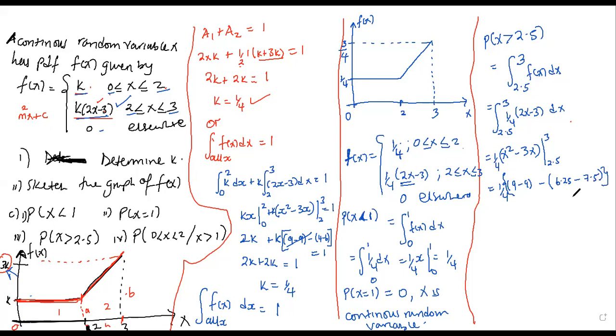When you subtract the two, you get 1.25, a negative, which is a positive, so it will give us 1 over 4 times 1.25. Calculator, what answer is this? 0.3125.